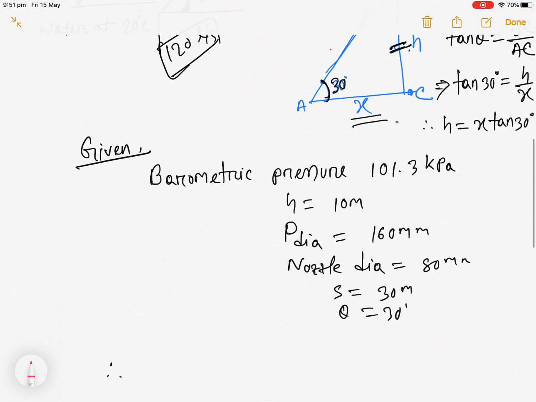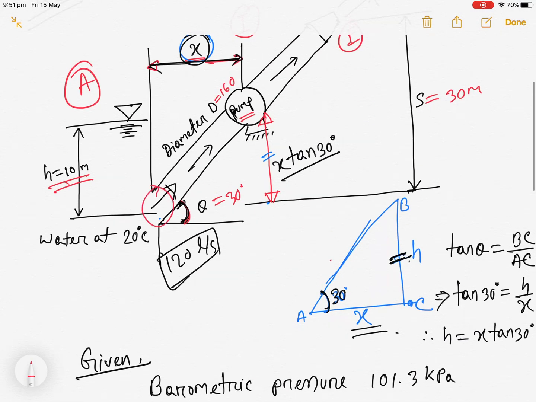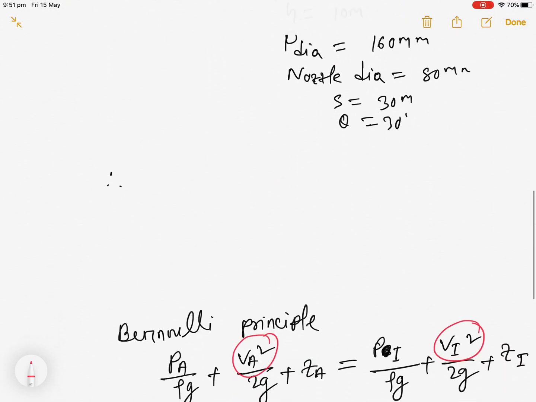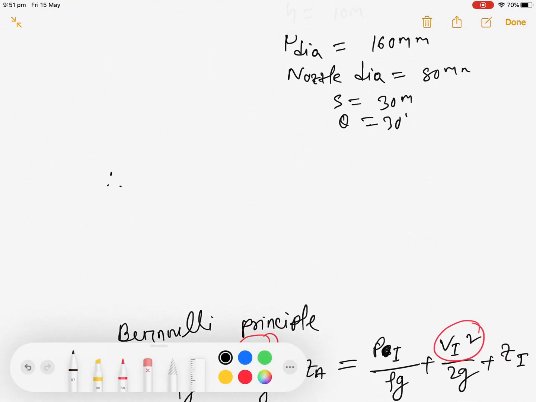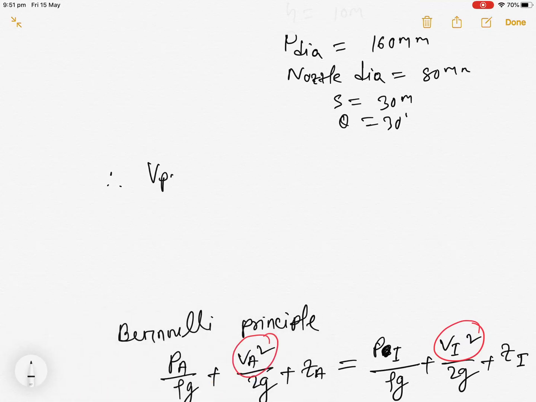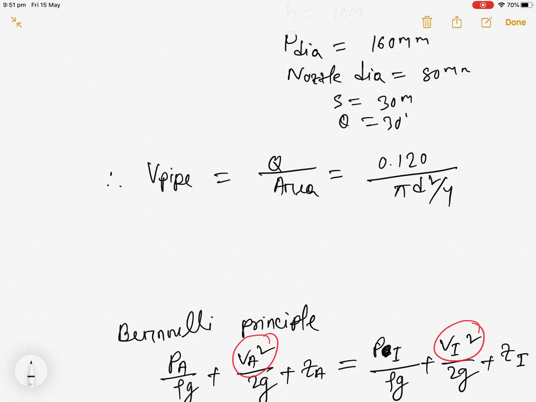As we know the flow rate for this section, we can easily calculate the velocity from there. The velocity for the pipe or the inlet section is the flow rate over the area. The flow rate is 120 liters per second, so let's say it is 0.12 meter cubed per second, and the area is pi d squared over 4.